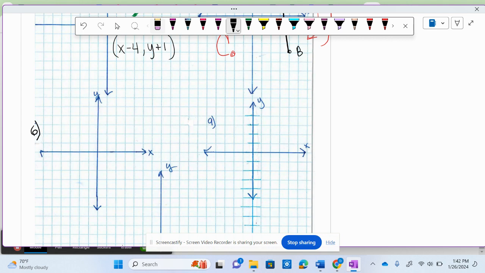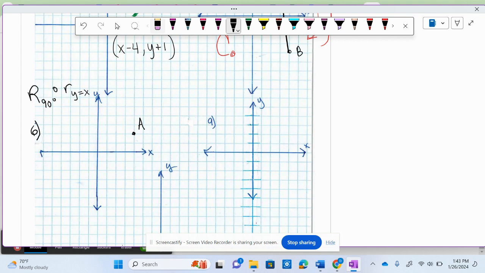Okay. So number 6, we're starting with the point 4, 2. I'm going to call it point A. So plot that point. So you have a composition, and here's how this is written. It says capital R with a 90 degrees, and then that little circle means composition, with r, x equals y.